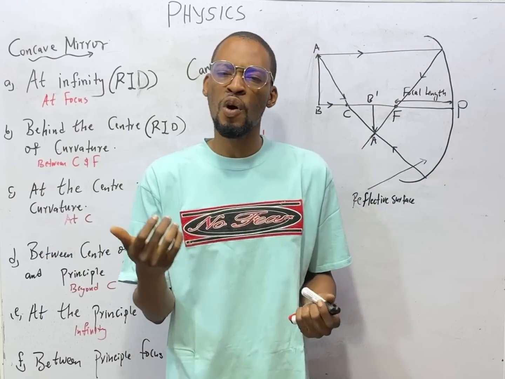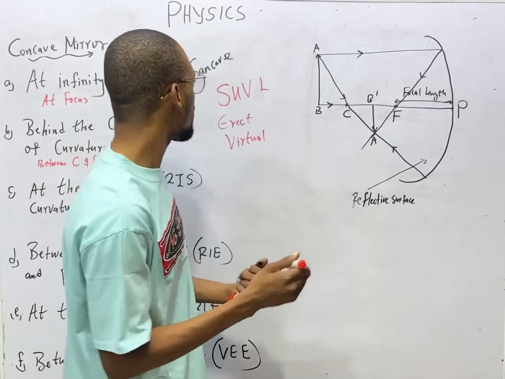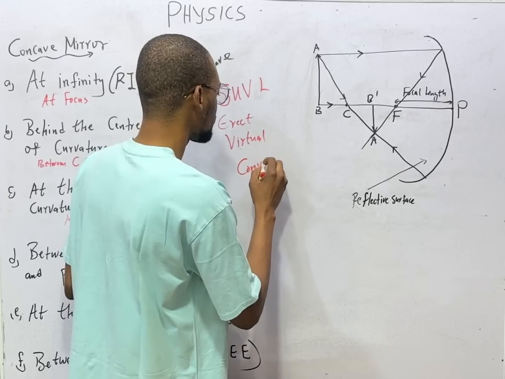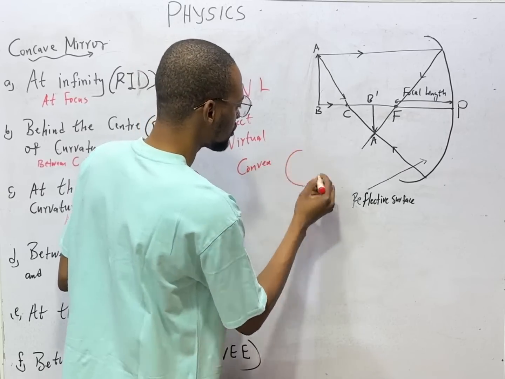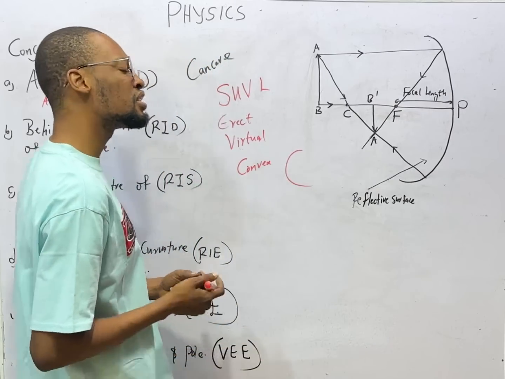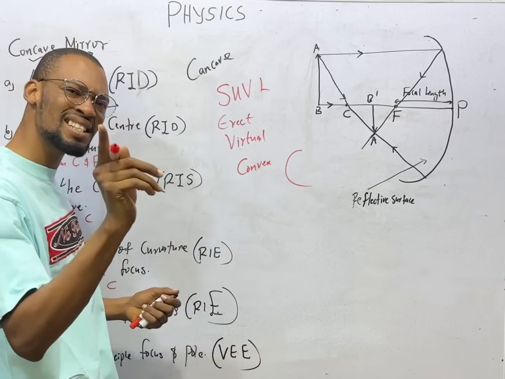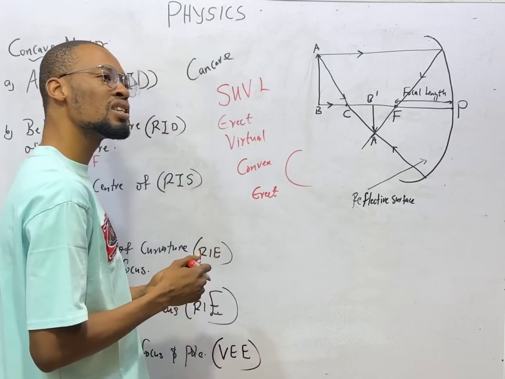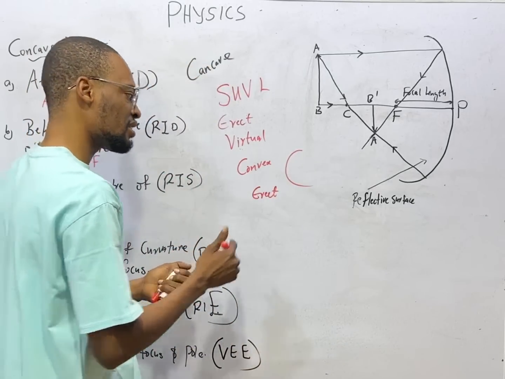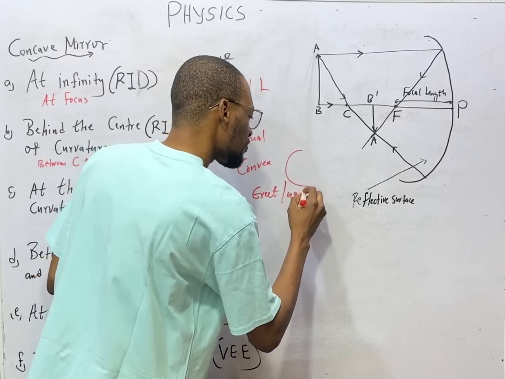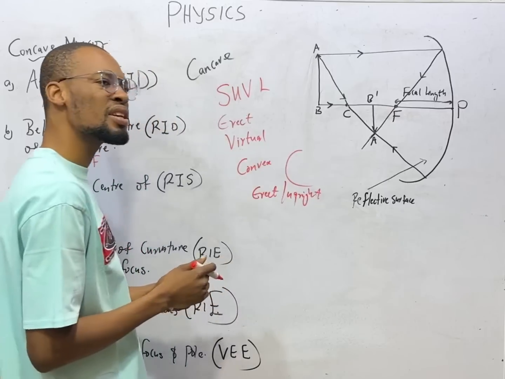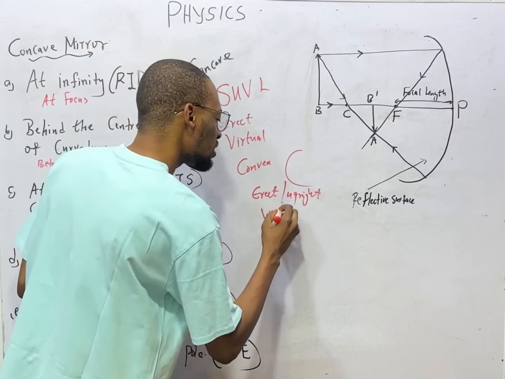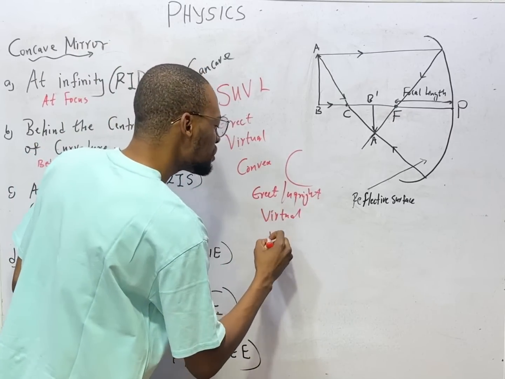Meanwhile, for convex mirrors, this is a convex mirror. You are seeing from this side. The images formed are always erect, or you can say they are always upright. They are always virtual, and they are diminished.